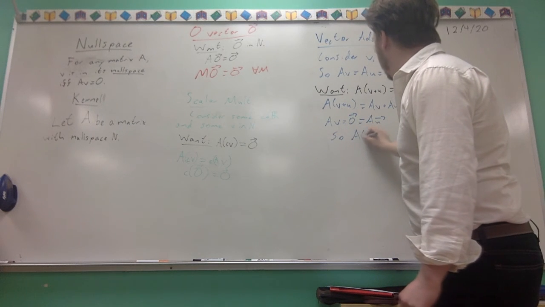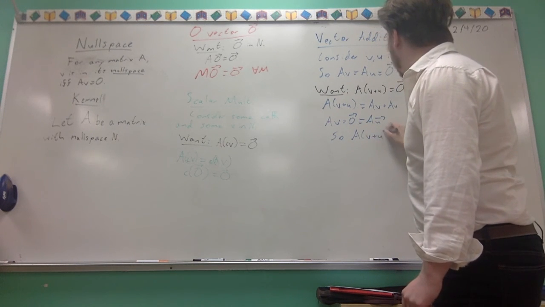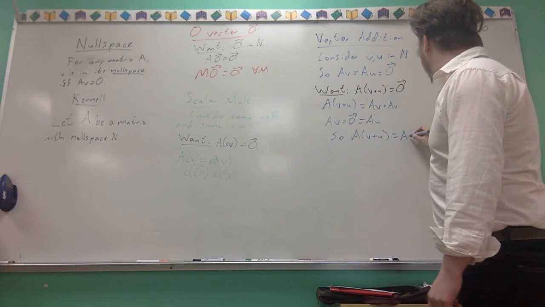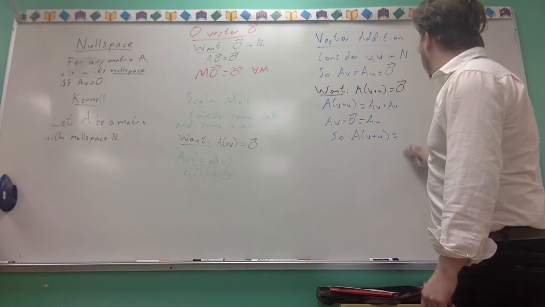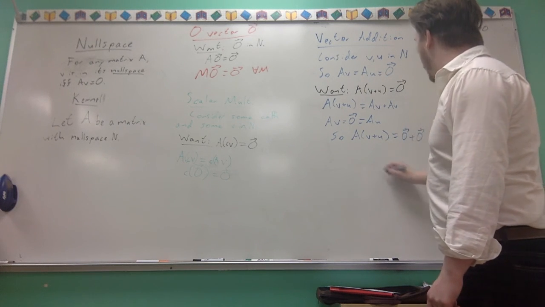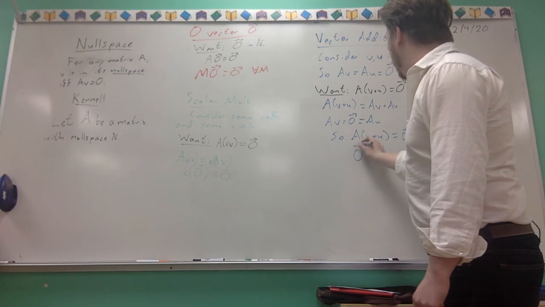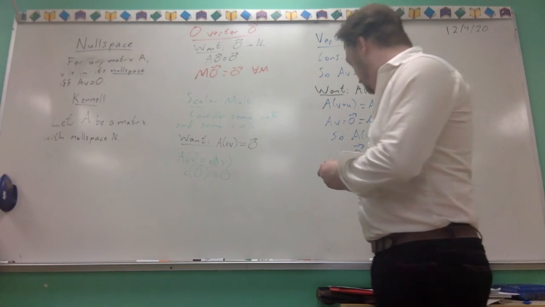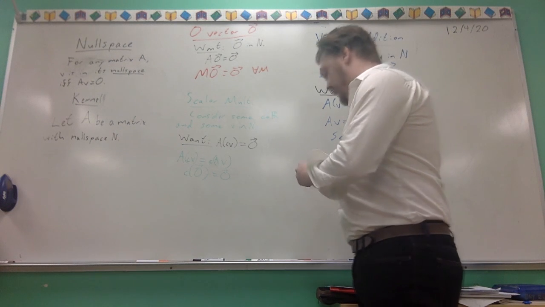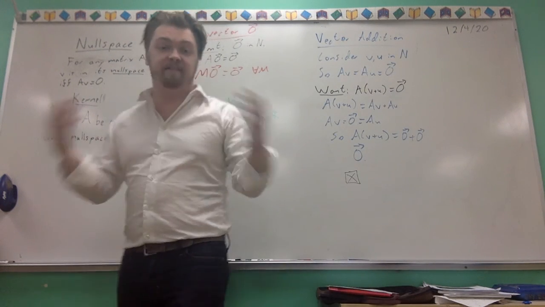So A times v plus u is equal to 0 plus 0. Quite famously, 0. QED, and we know that the null space is in fact a vector space.